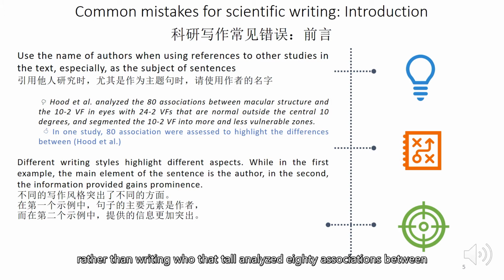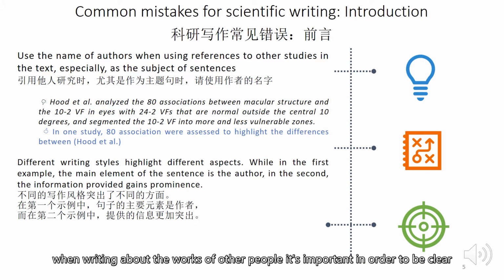So rather than writing Hood et al. analyzed 80 associations between macular structure and the 1020 in eyes, you can say in one previous study 80 associations were assessed. Be general when writing about the works of other people.